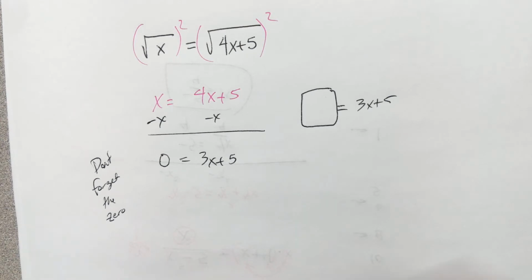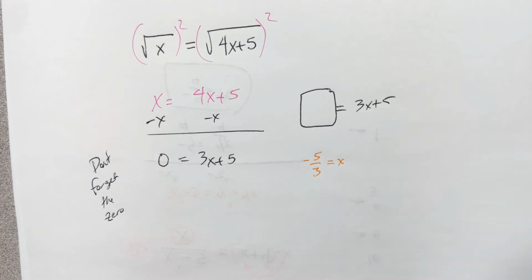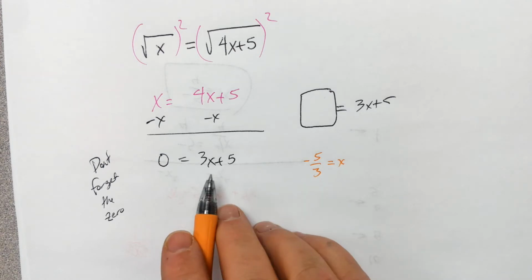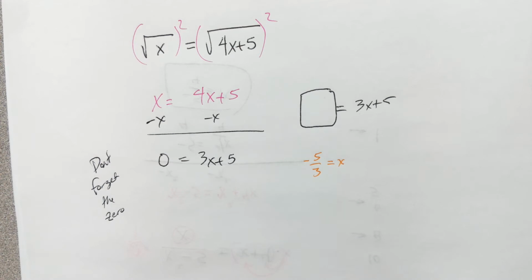All right. So, did you get this right here, Oscar? Yes. Did you get that, Yolanda? No? Did you get it, Jackie? Why is it negative, Daniela? Negative 5 over 3.